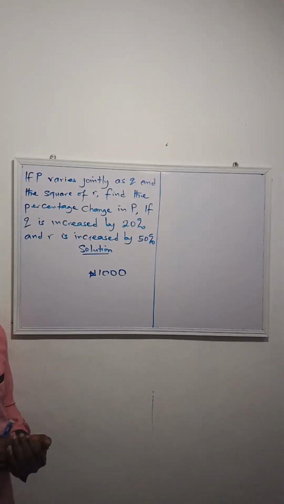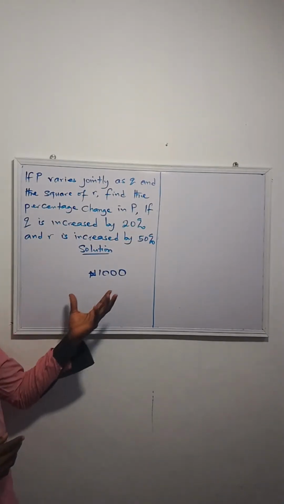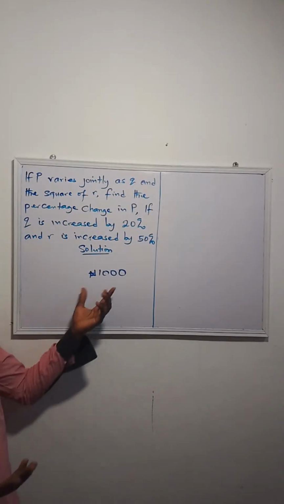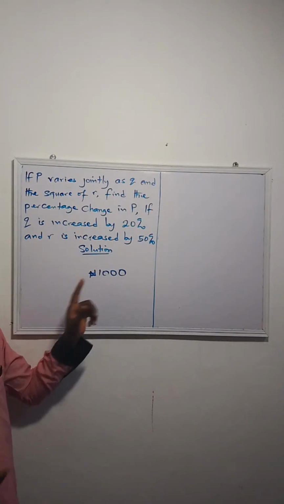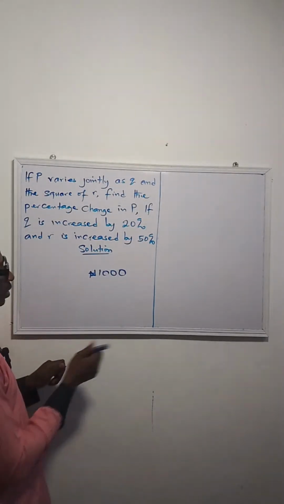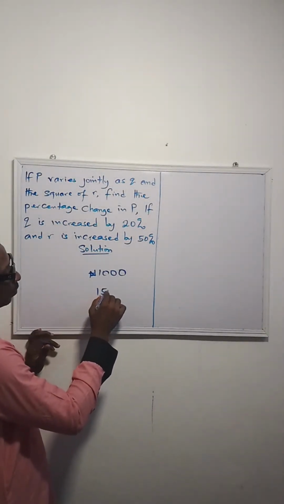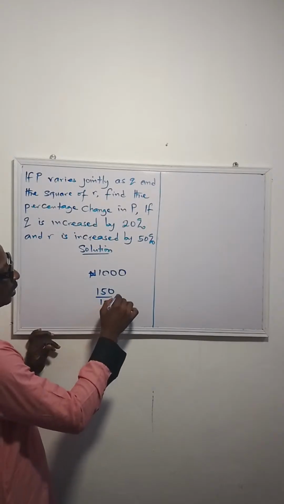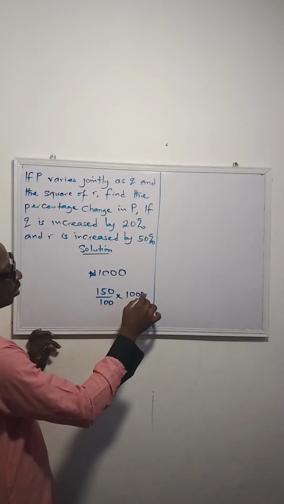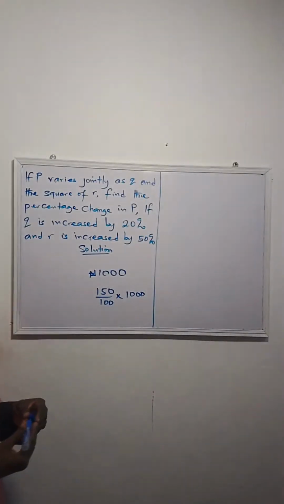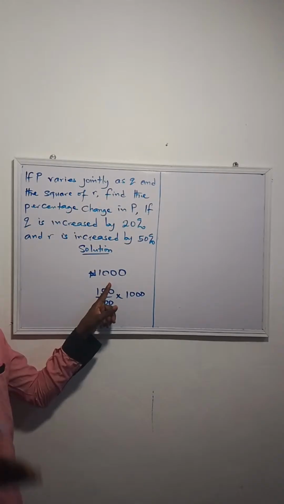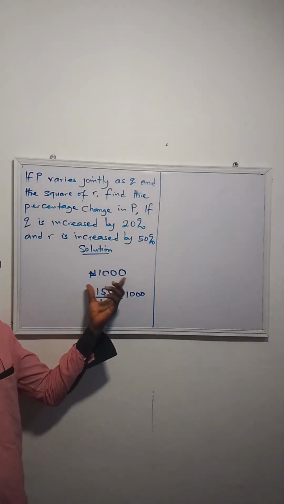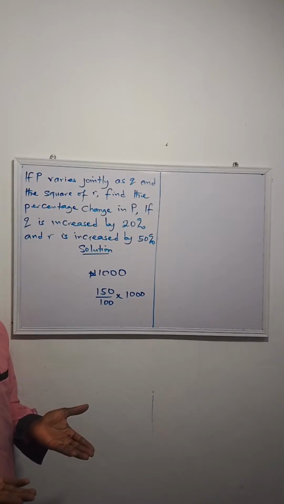If I say I've increased the amount with you by 50%, what this means is 150 over 100 times 1,000 naira. You know, 50% of 1,000 naira is 500 naira.